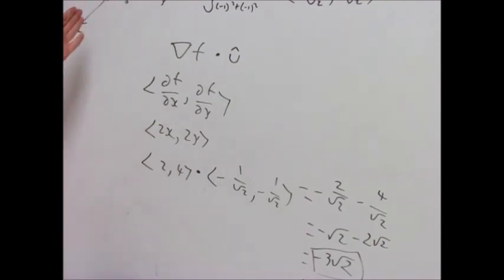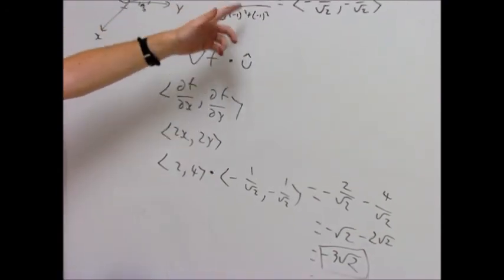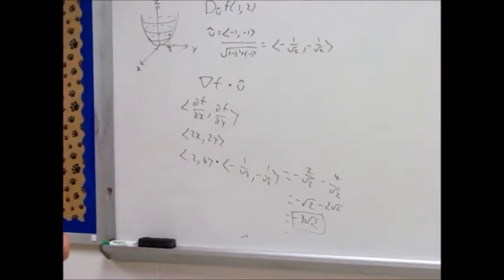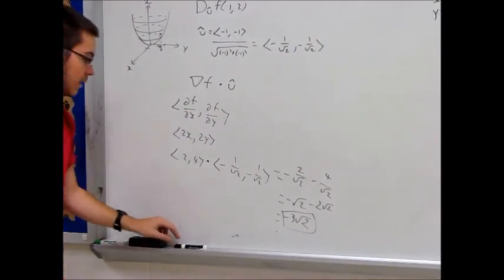So that is the derivative of this function at the point (1, 2) in the direction of (-1, -1), or (-1 over square root of 2, -1 over square root of 2).